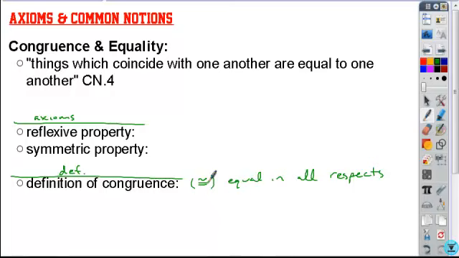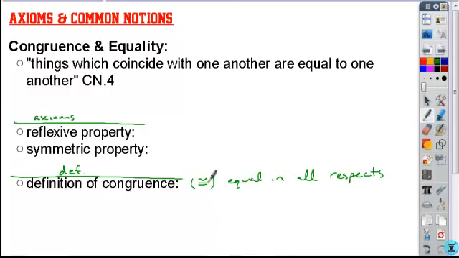So two congruent triangles have equal perimeters, equal areas, equal altitudes, equal angle measures, equal side lengths, equal medians. Any measurement that you can take on those two congruent figures will be equal. So that's what the definition of congruence implies.